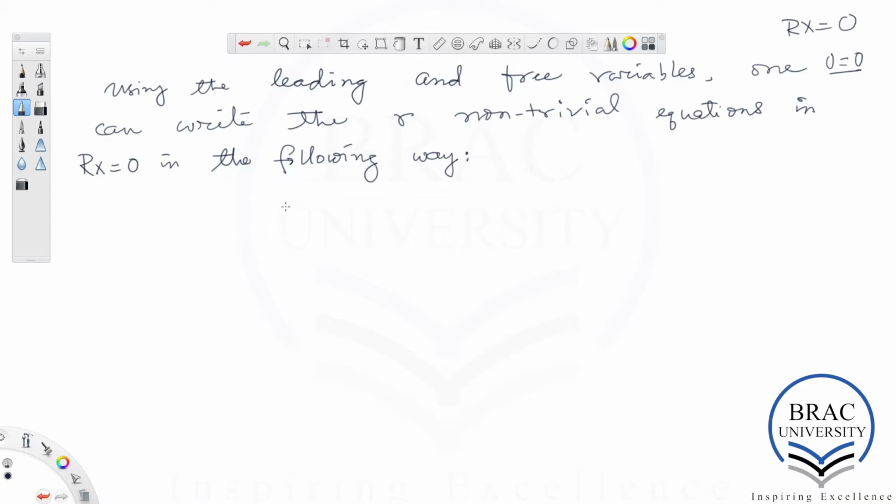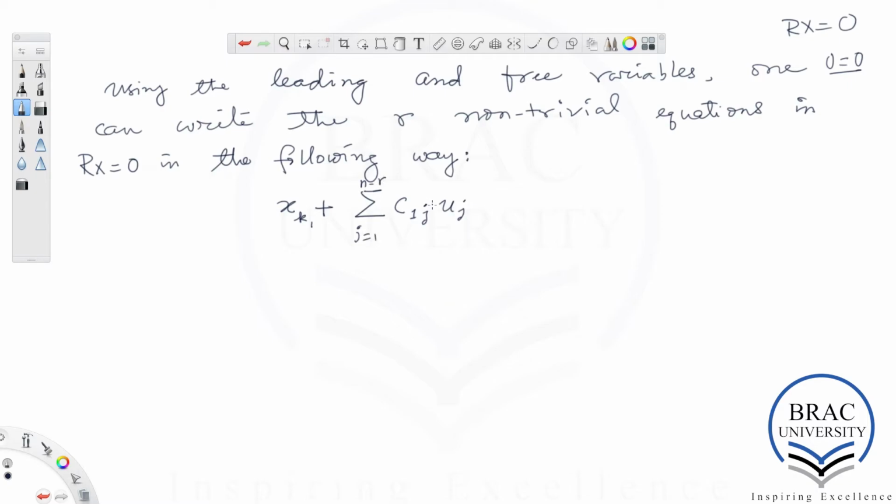Okay, so the leading one corresponds to the variable x sub k1. Okay, and this leading variable is expressed in terms of the remaining n minus r variables, and we attach these coefficients c_1j with the respective free variables u_j, where j varies from 1 to n minus r.